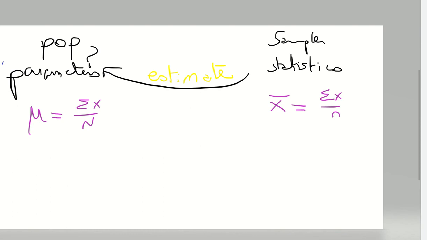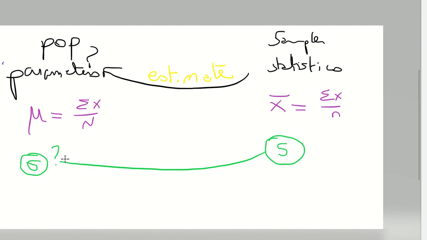When we come to the standard deviation, in the population, the value is sigma, which we do not know. In the sample, it's s. And the role of s is to estimate sigma, right? So this is trying to estimate that.